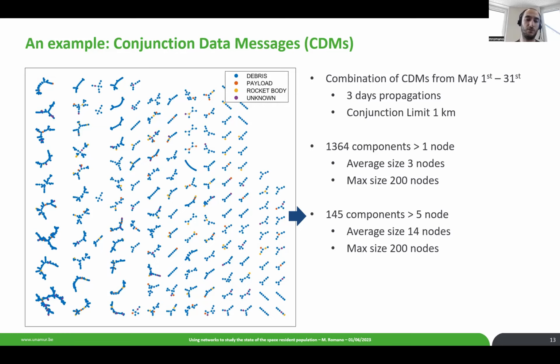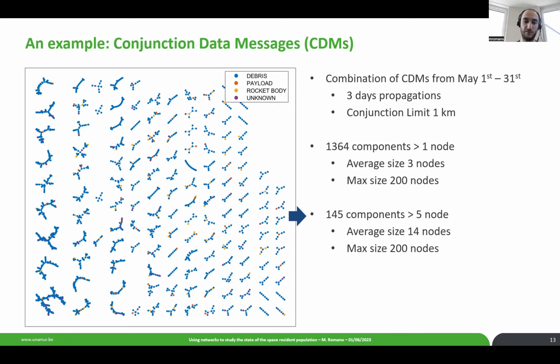But if you want to build a big network, it's quite constricting, because you rely on short-range interactions, and so you obtain all these various components that depend, for example, on the position of the objects, so mostly on the families of objects in our population, whether their orbits are close enough to allow for a conjunction, the time period. So these conjunctions can happen in 3 days or can happen in 4 days, which means they won't be seen, let's say.